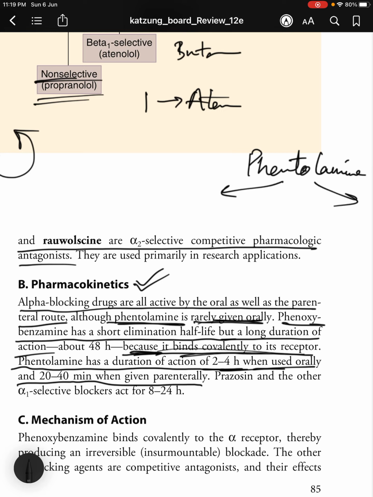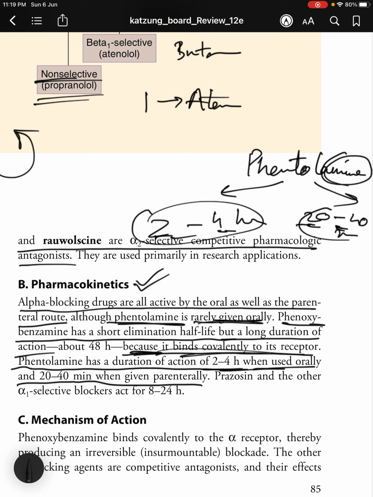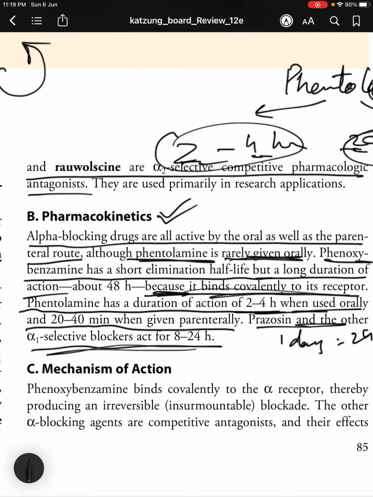These numbers, 2 and 4, keep repeating in the case of phentolamine. Prazosin and the other alpha 1 selective blockers act for 8 to 24 hours. Prazosin, prime, 1, alpha 1 receptors, and also 1 for 1 day. One day is 24 hours. So 8 to 24 hours.